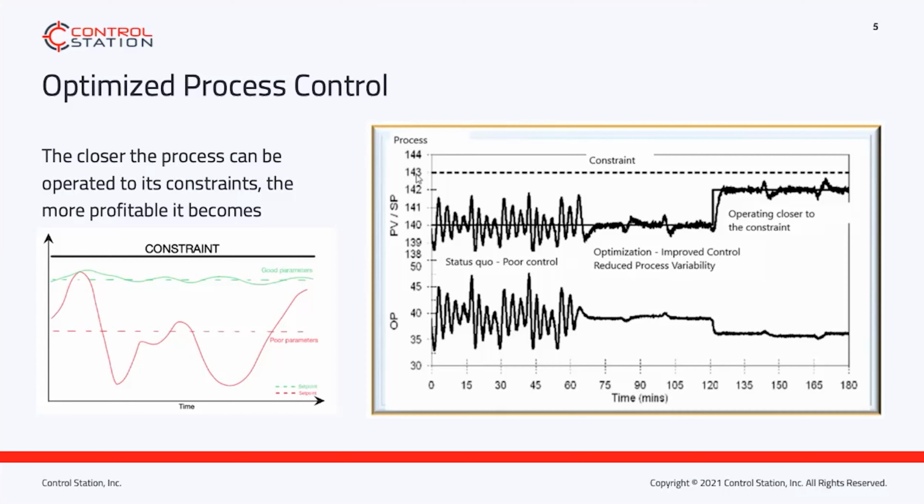The oscillating level in the reboiler caused fluctuations in the feed stream into the distillation column, and this in turn caused oscillations in the distillation column. They investigated the tuning parameters for this level controller, and they found that it was caused by poor parameters. They tuned this controller, and the problem was solved. Tuning this one controller meant that they increased uptime, production, and reduced the wear and tear on the equipment.